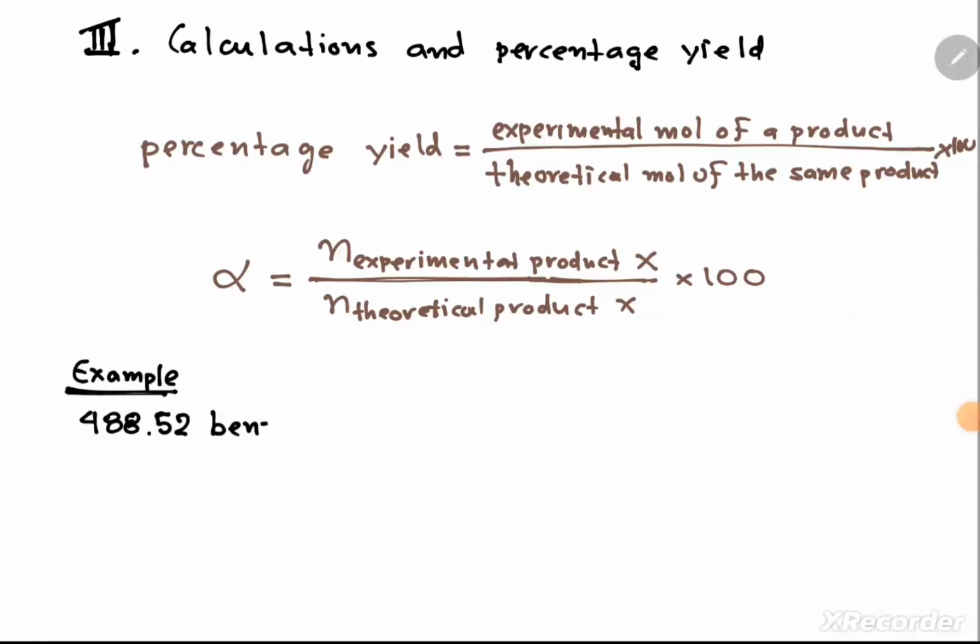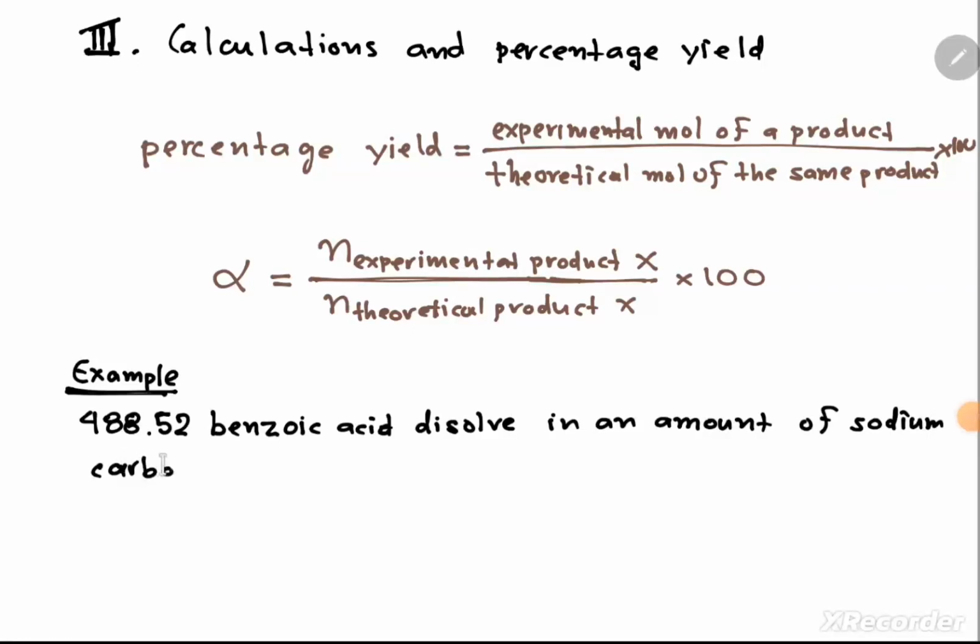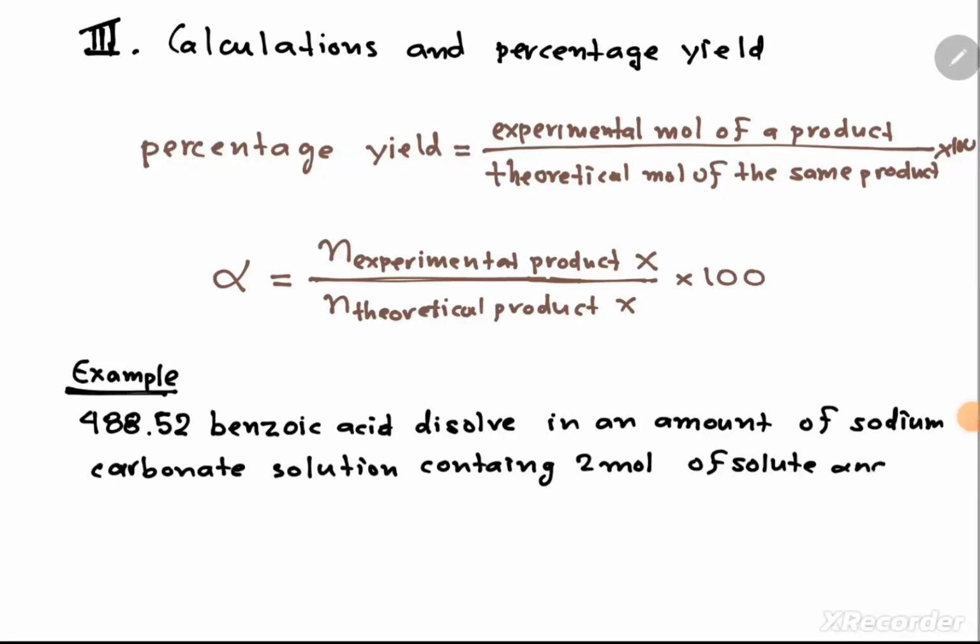488.52 grams of benzoic acid are dissolved in an amount of sodium carbonate solution containing 2 moles of solute, and the reaction is carried out.